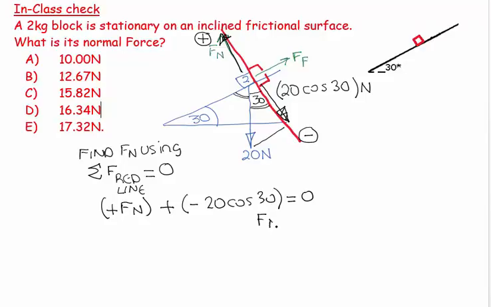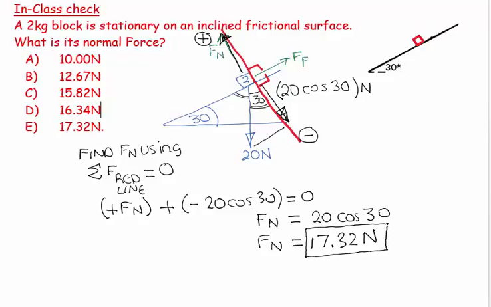So Fn must equal 20 cosine 30. So Fn numerically is going to equal 20 cosine 30, and 20 cosine 30 is 17.32 newtons. And yes, I'm ignoring the fact that I have a whole bunch of one-significant figure numbers lying around, and I'm just giving a couple of decimal places to help clarify the answer.